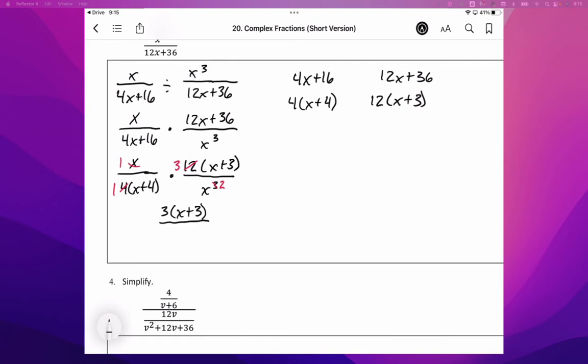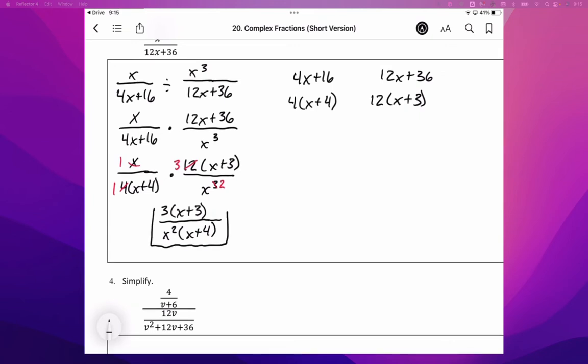And in the denominator, we have an x plus 4 on the left and an x squared on the right. So I'll write it as x squared times x plus 4. It's kind of a weird one there. Yep, and so that's the way that one's going to go. Kind of a strange answer on that one.